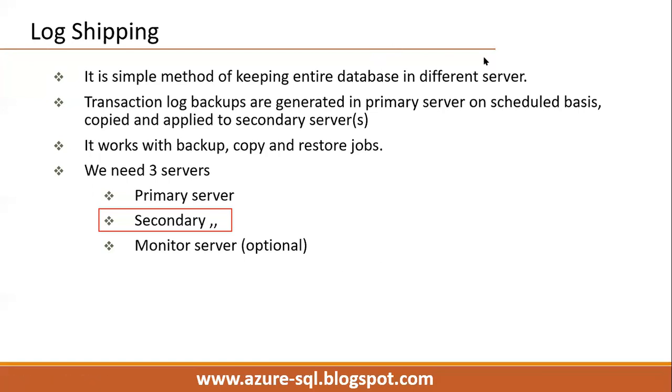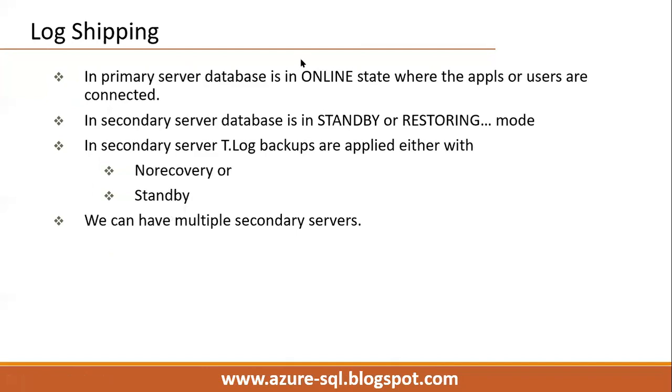Check here: in the primary server, the database must be in online state, which allows reading and writing, where the applications or users are connected. In the secondary server, the database must be in either standby state or restoring state, not online.